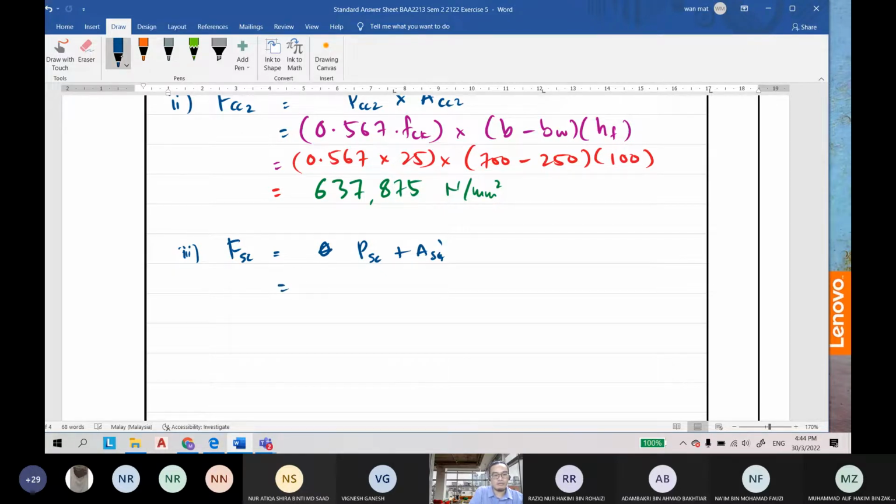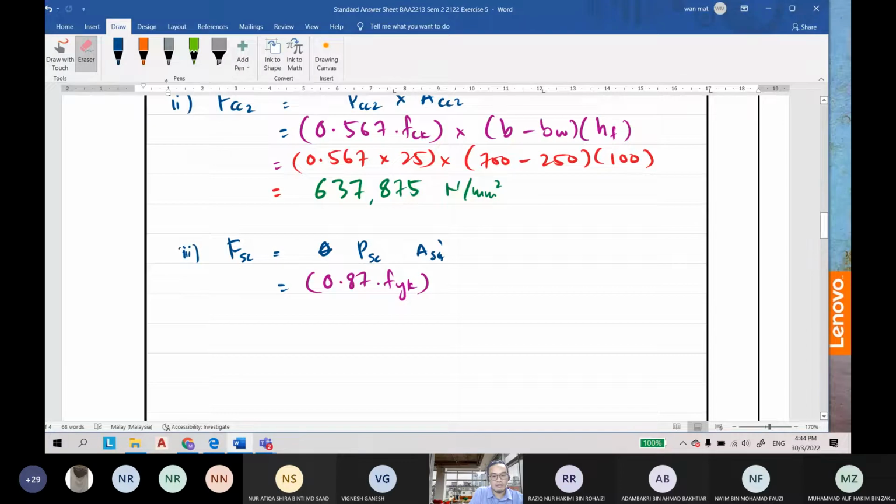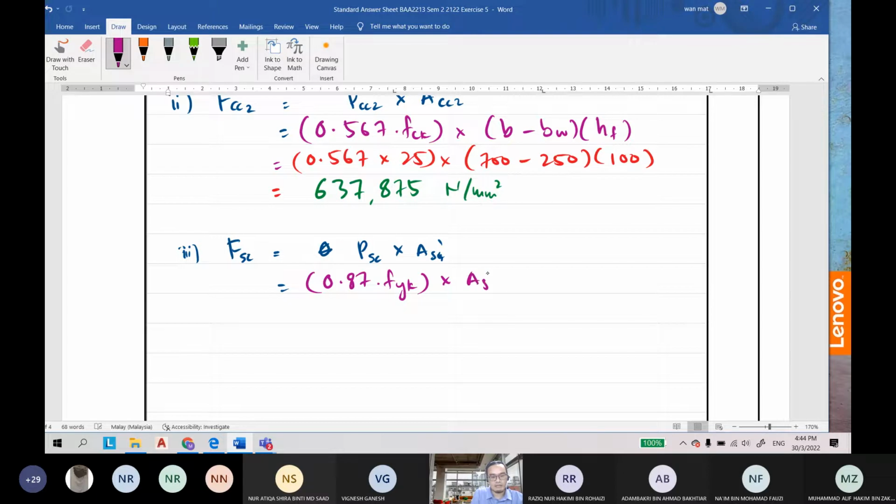So equal to 0.87 times FYK, multiplied with AS prime.